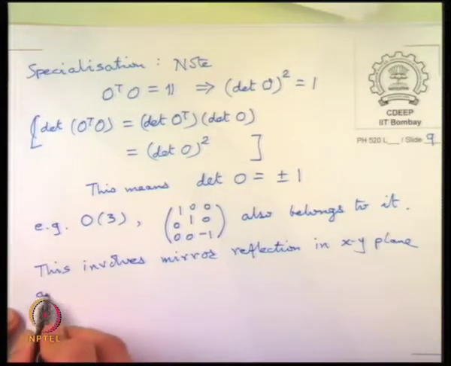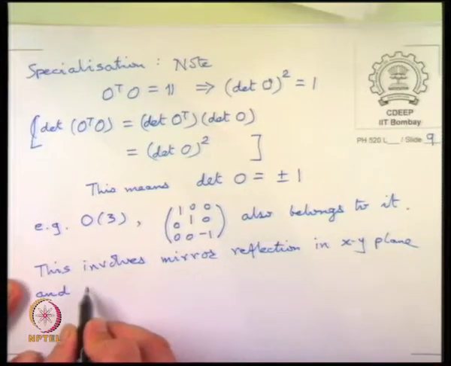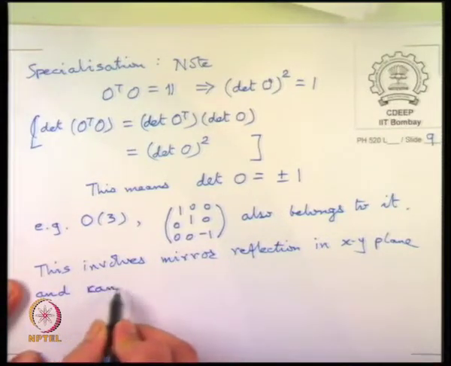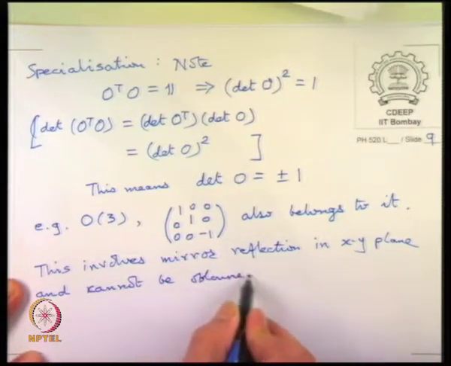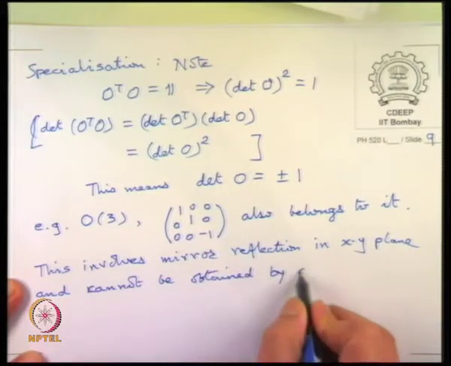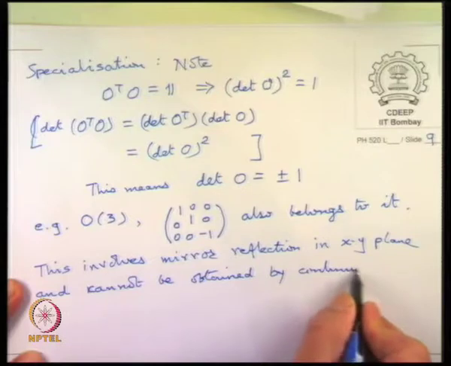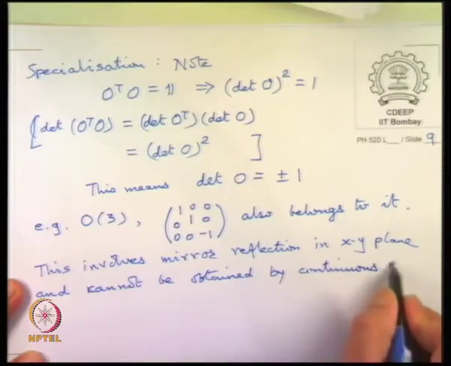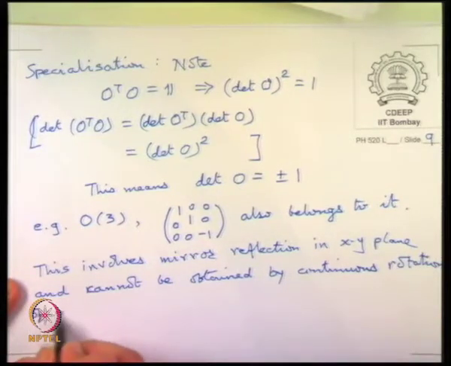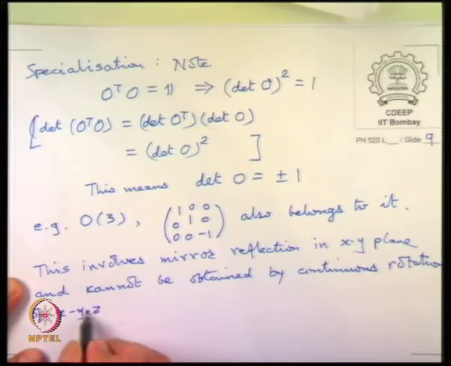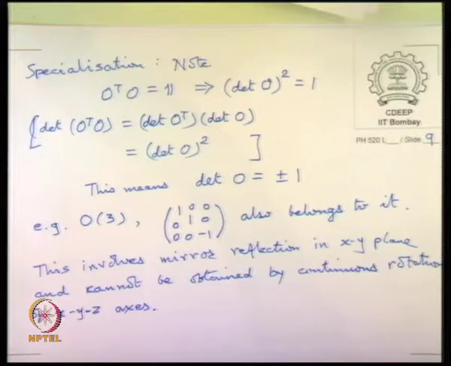and cannot be obtained by rotation. In other words, it cannot be obtained as a continuous variation of the identity matrix.